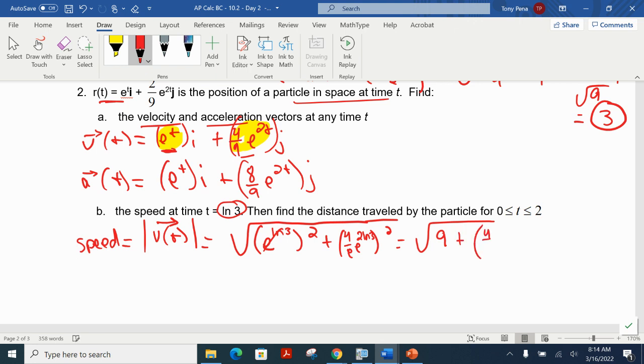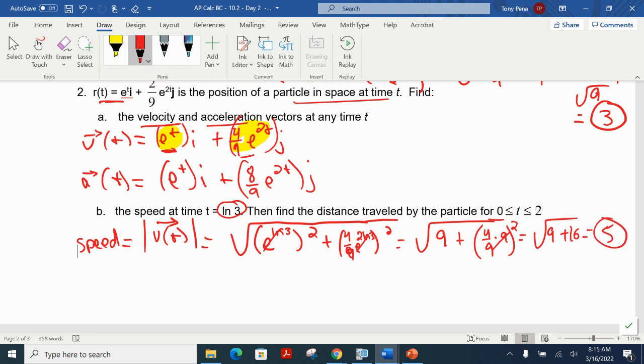Plus this would be 4/9. When these cancel, the 3 should get squared, so this is a 9. Oh yeah. So that's a 9 plus 16. Square root of 25 is 5. So that is our speed.